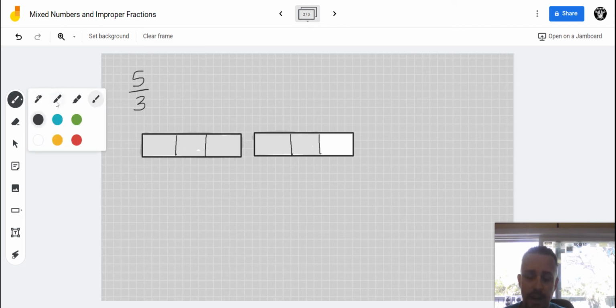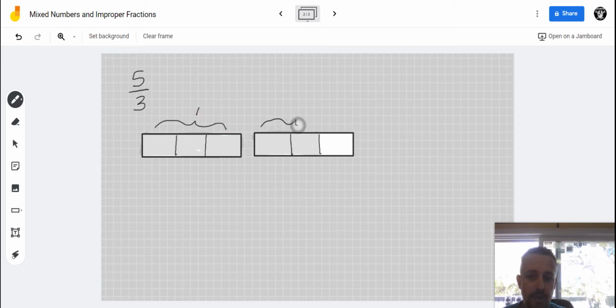If you look carefully, you have one whole bar here, and then you have 2/3 there, right? So you now know that this is going to equal 1 2/3.